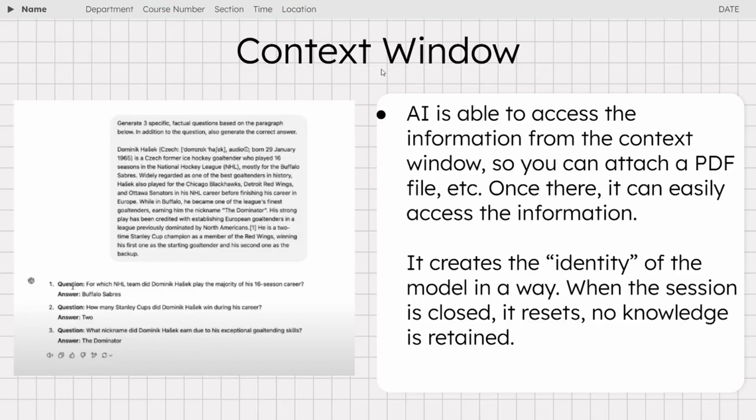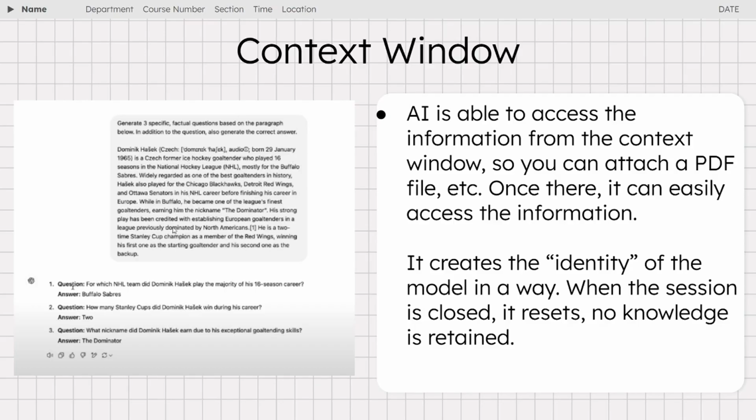Another important thing we need to know about is context windows. As you can see here, the context window is a terminal where we interact with the AI and can talk to it directly. The AI is able to access information from the context window. You could attach a PDF file or other types of files, and it can read them.